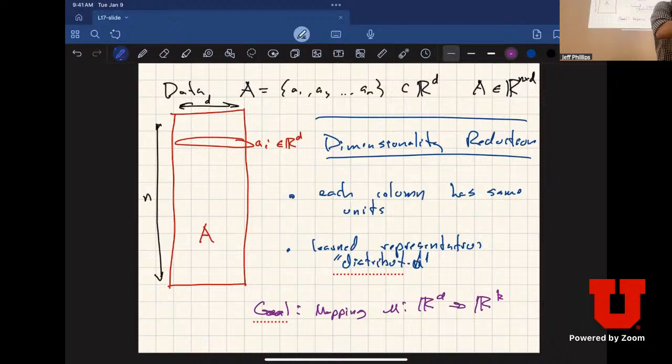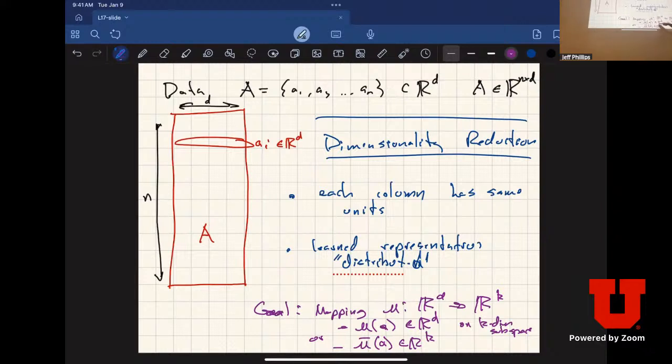One is where the result of applying this is still in R^d, but on a k-dimensional subspace. The other option, maybe we'll call this mu bar of A, is going to lie in R^k, so it's only going to have k coordinates. So there are two ways of thinking about this output.